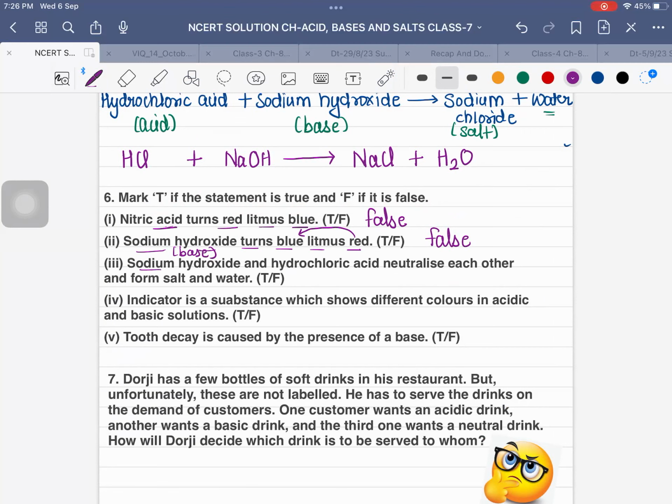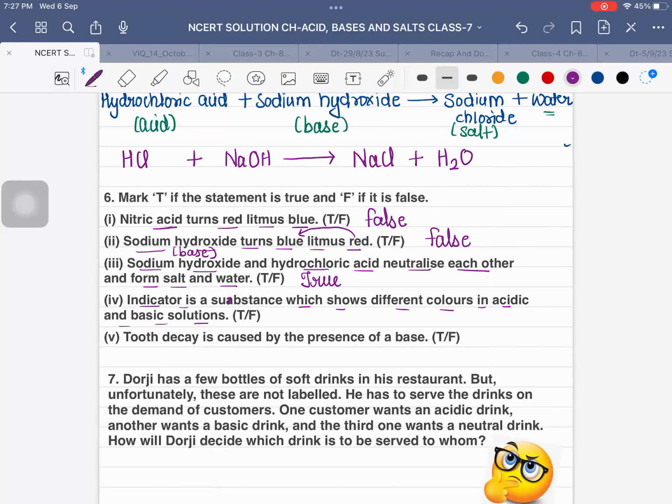Next, sodium hydroxide and hydrochloric acid neutralize each other and form salt and water. This statement is true. It is a neutralization reaction. Indicator is a substance which shows different colors in acidic and basic solution.